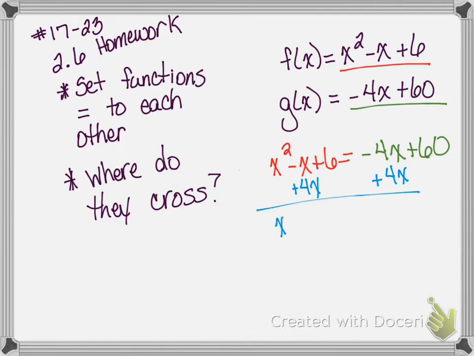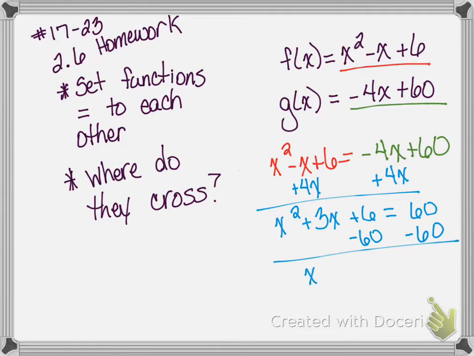So I have x squared plus 3x plus 6 equals 60. Now I'm going to subtract 60 from both sides. So I have x squared plus 3x minus 54.